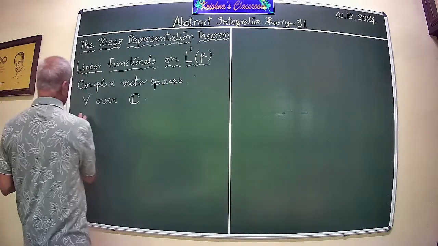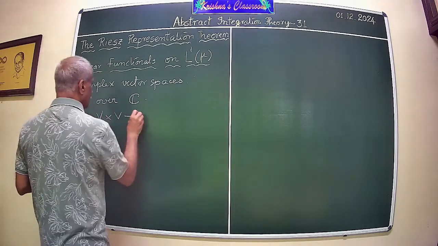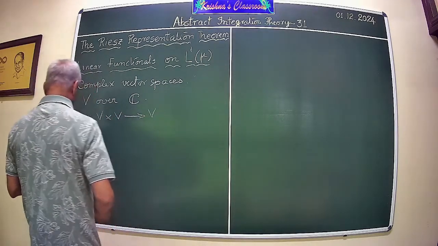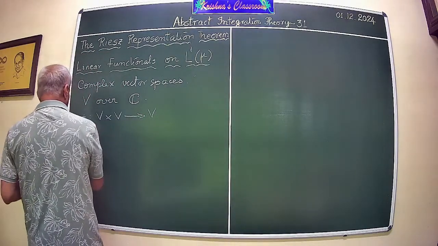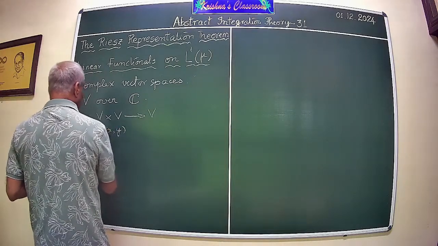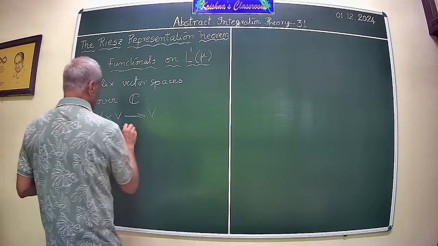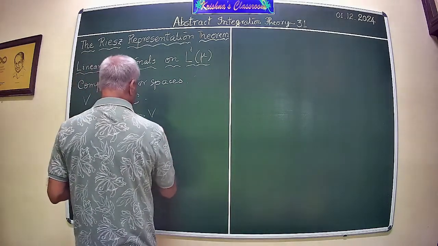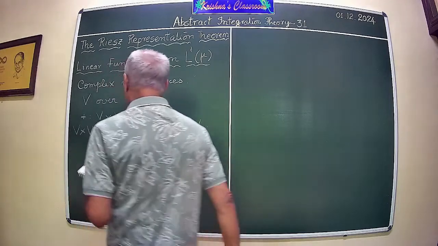Essentially, the addition is a map from V cross V to V. This is, of course, (x, y) belonging to V cross V getting mapped to x plus y belonging to V, with some properties.